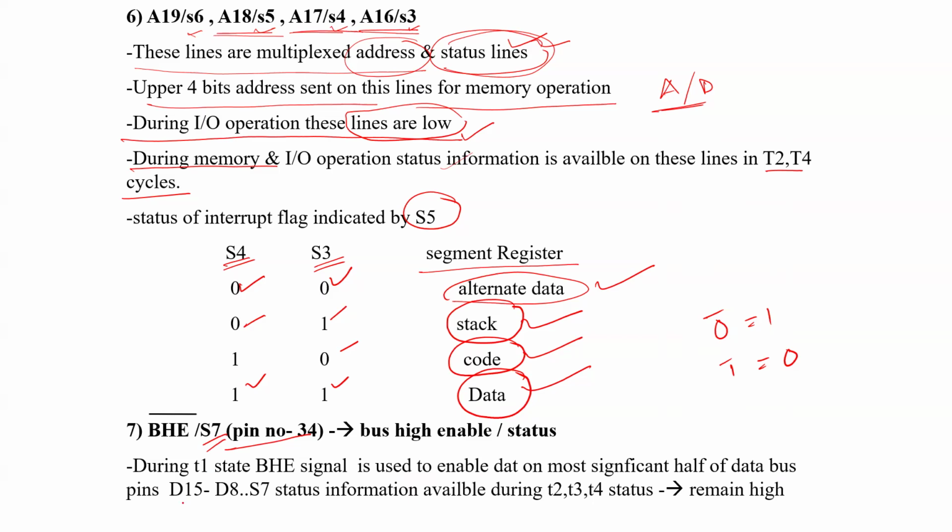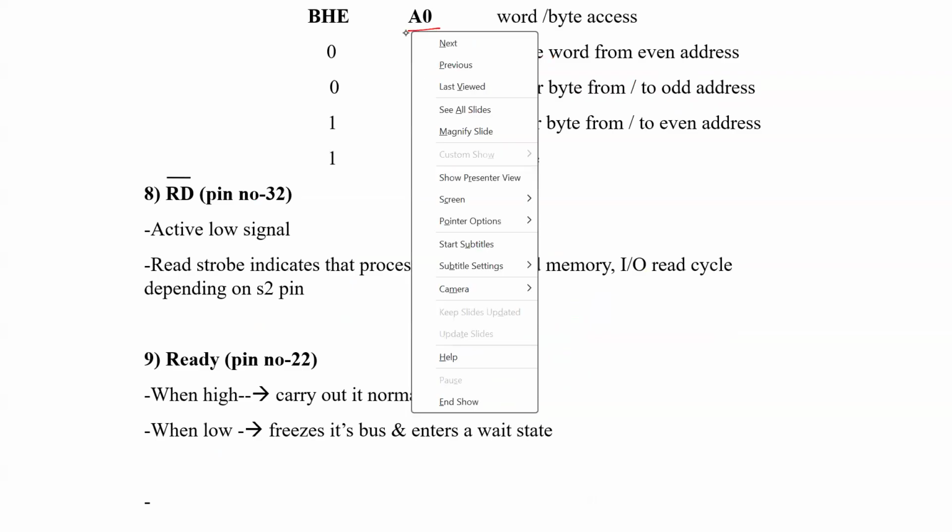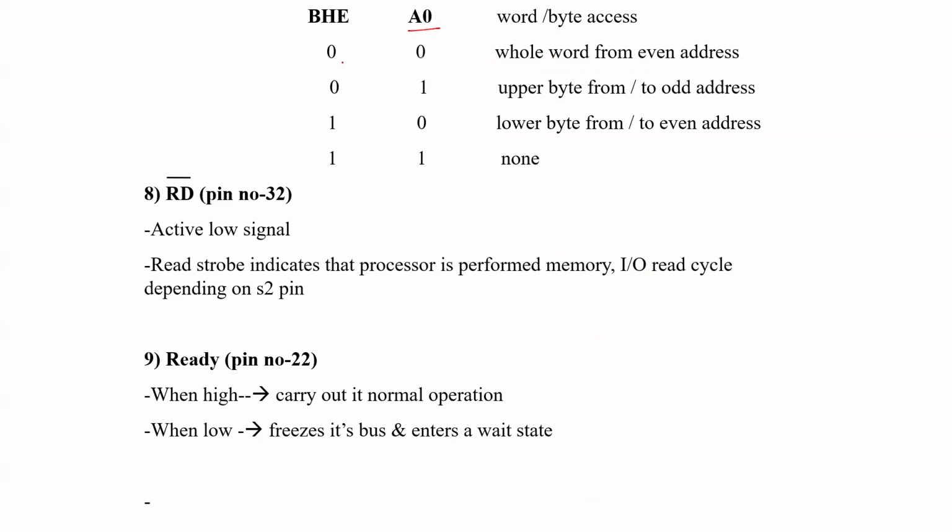pins, so D8 to D15. S7 status information is available during T2, T3, and T4. So what will happen if it is A0 and BHE? Suppose both are 0, 0, the whole word from even address you have to take.